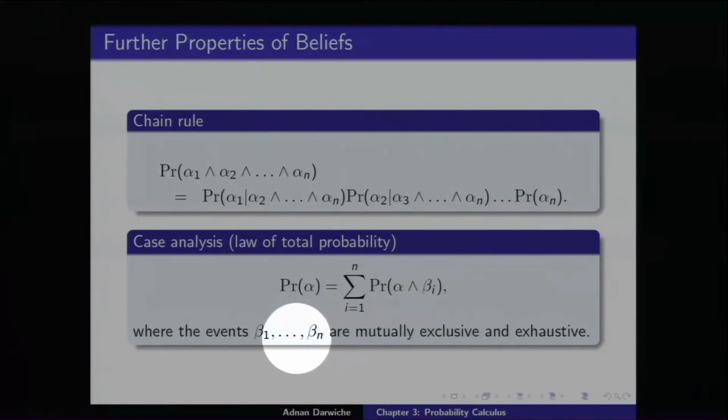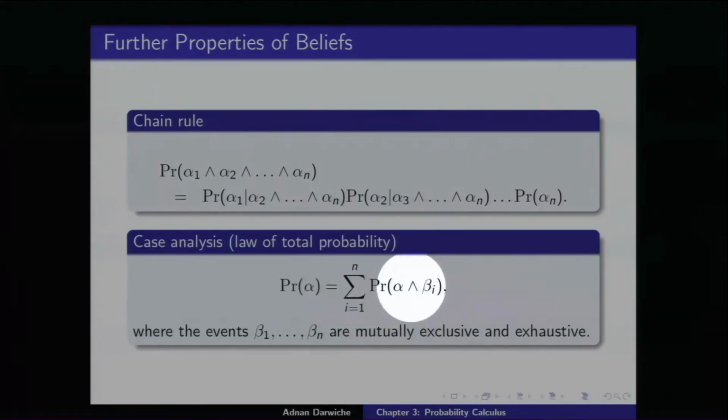If you look at what's happening here with Venn diagrams, imagine alpha as a circle. If these are mutually exclusive and exhaustive, what does that mean? They partition the set of worlds. So when you do this, you're partitioning alpha into a bunch of components that are non-overlapping and that cover all of alpha, right? That's the equation.